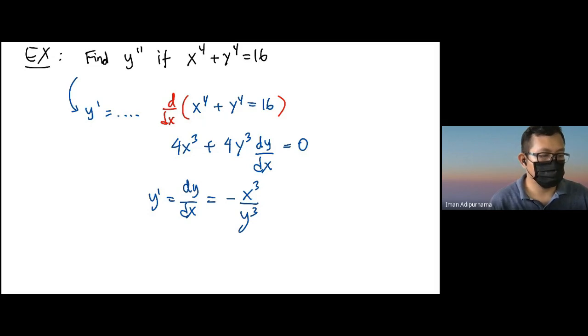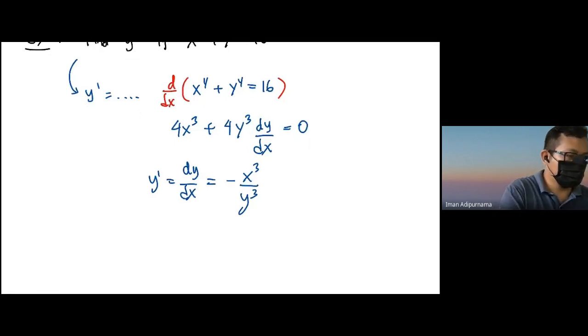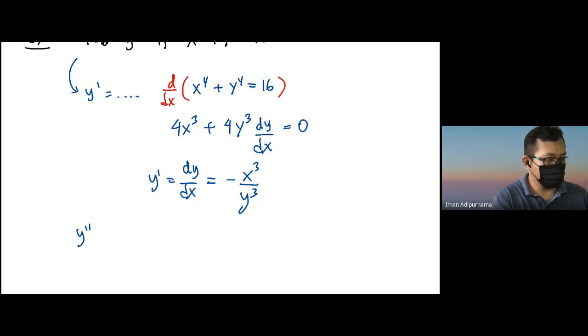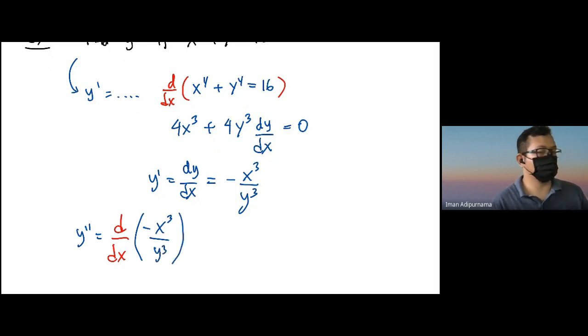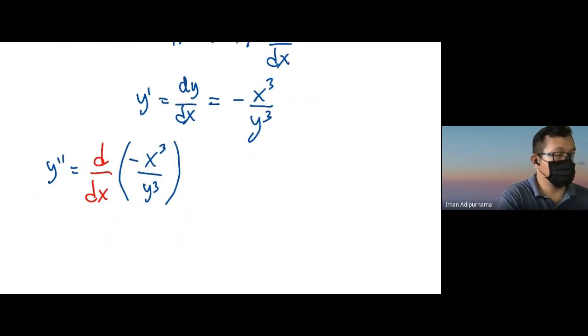Okay. Now the question is y double prime, the second derivative. So what you can do here is differentiate one more time this negative x cubed over y cubed. Okay, how to differentiate this? It's a rational function, right? It's a fraction.